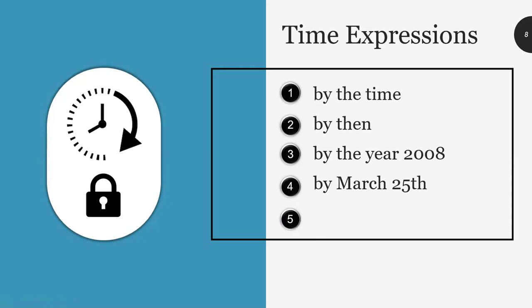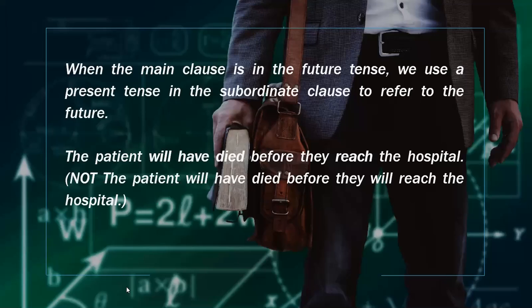So you can use other time expressions for sure. Okay, so here is the note. When the main clause is in the future tense, we use the present tense in the subordinate clause to refer to the future. Not both of them are in the future: one in present tense and one in the future perfect tense.